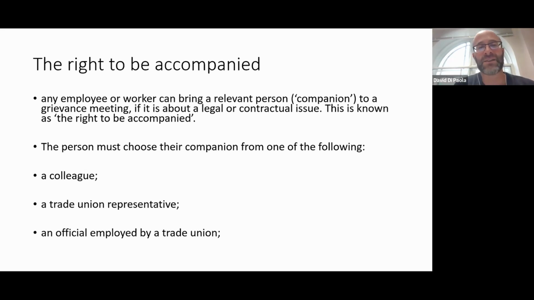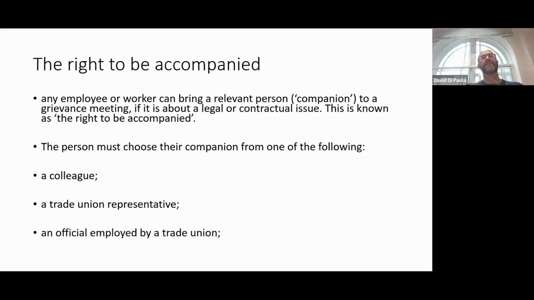The other difficulty in congregational contexts is there are so few employees. If you've only got 2 employees and someone's bringing a grievance, you might not want that other person to know what your grievance is.